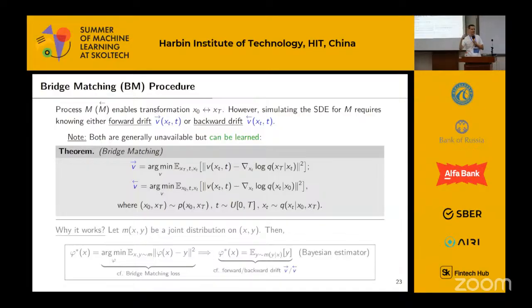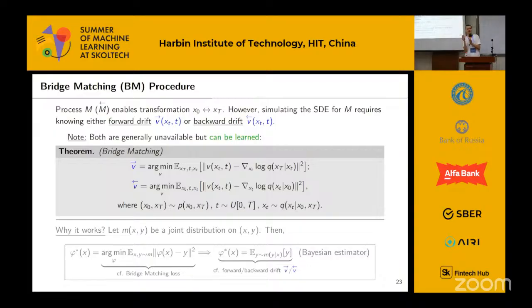There is some analogy with flow matching because with flow matching, this will be just the linear interpolation x1 minus x0. We will see in several slides how this very weird, very complex formula translates to simple flow matching in the particular case of this process Q. But in general, the main idea is that you do the same stuff as in flow matching.